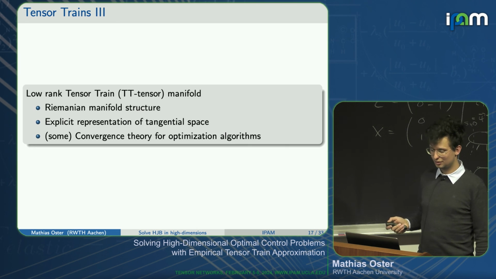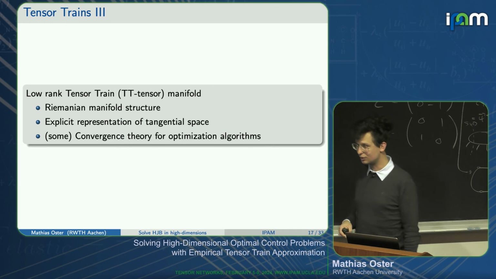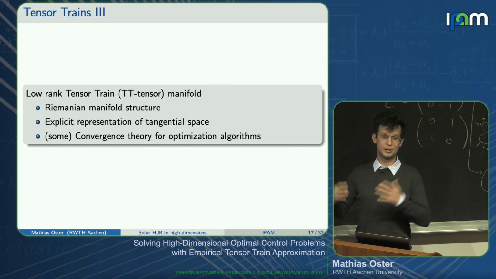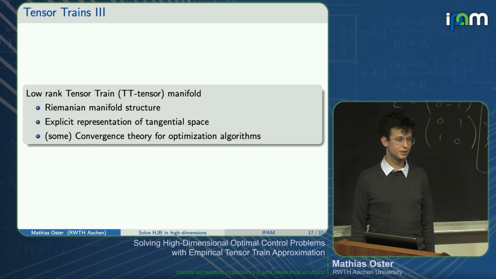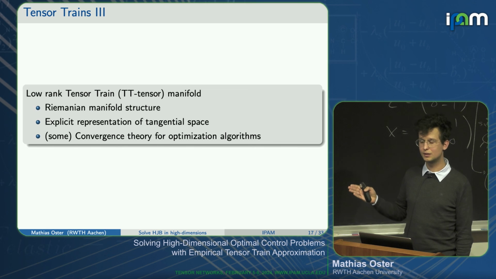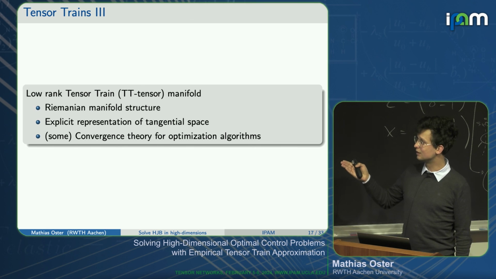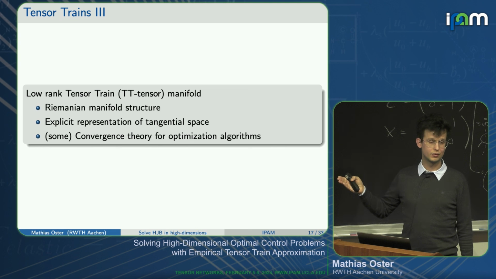And this is more the slide that we use to promote this in the neural network community. The tensor trains have all these nice properties that they are forming a manifold, and you can actually understand the geometry and also, at least in some sense, the convergence theory of optimization algorithms. And this is really in stark contrast to neural networks.